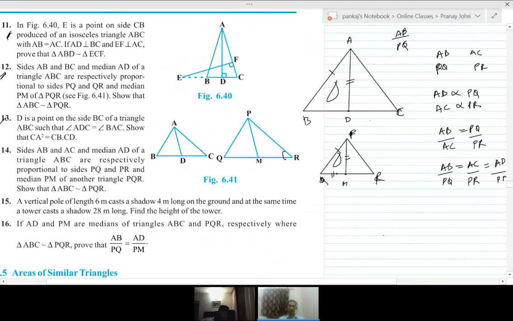But I don't think so, because it's not given that QR is proportional to BC. That's what I was thinking.